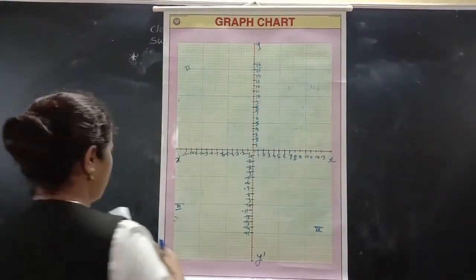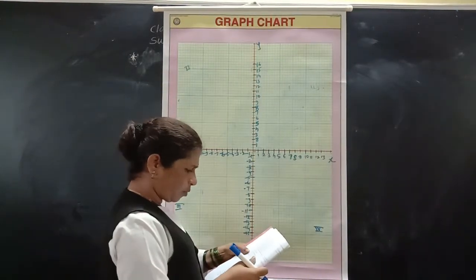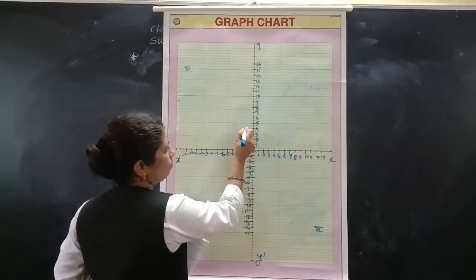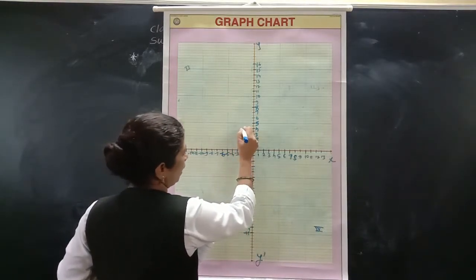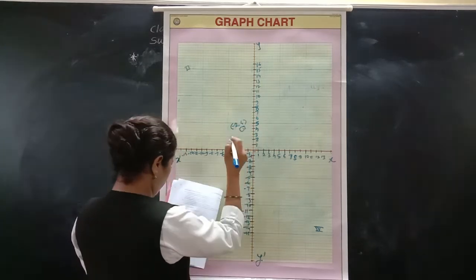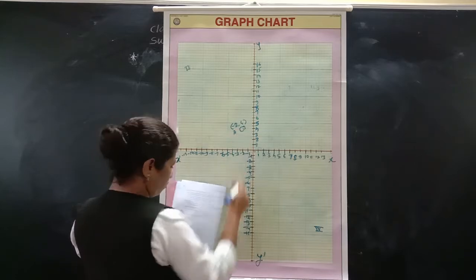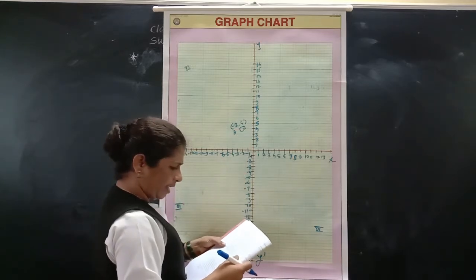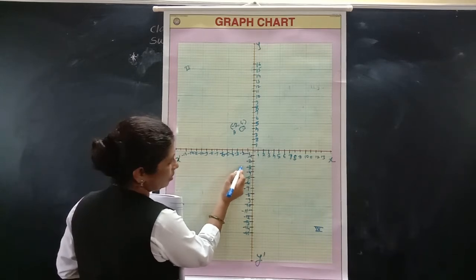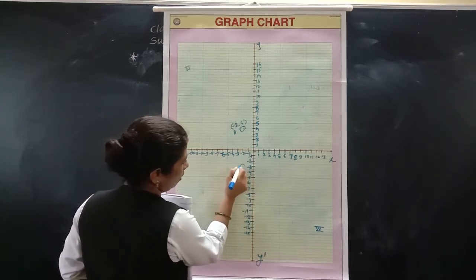So the next question is there. We have to plot these points. Minus 2, 4 means your point will come here, right? Minus 2, 4. So which point is that? A. Okay, so B is minus 2, minus 3, which means you have to come downside.